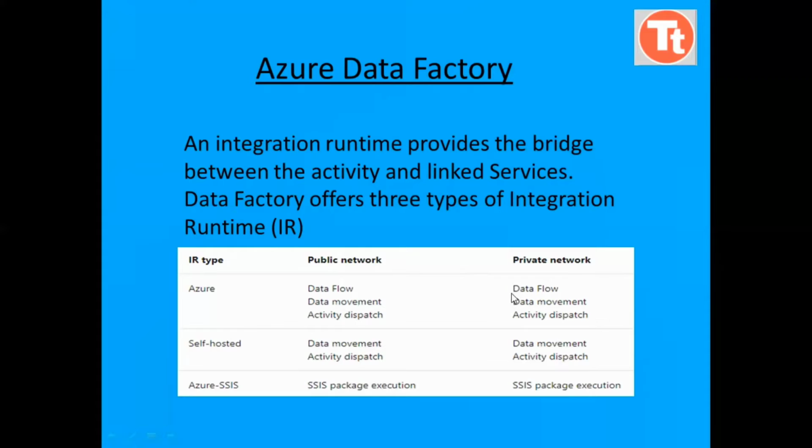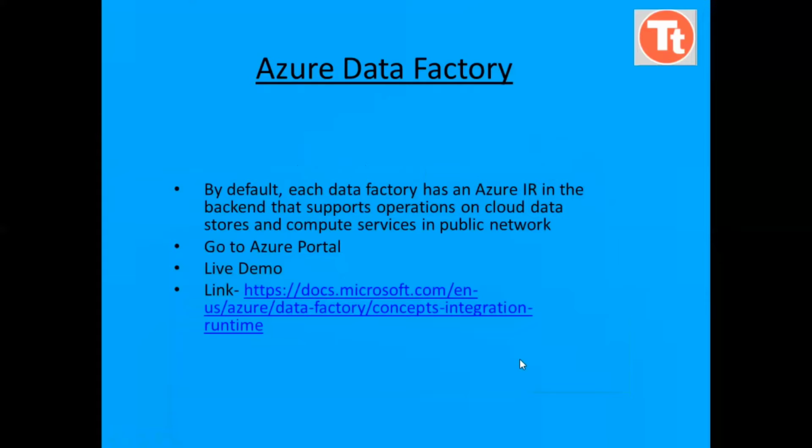But if you go to self-hosted, you can see that data movement and activity dispatch, these two operations we can perform on public as well as private networks, but we can't perform data flow activities on either network using the self-hosted integration runtime. Now the third type, Azure-SSIS, we will use for SSIS package execution on public networks as well as on private networks.